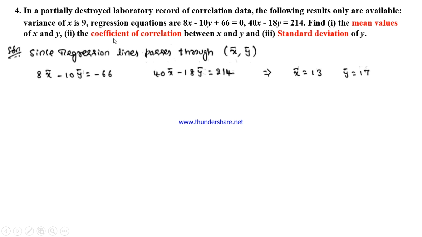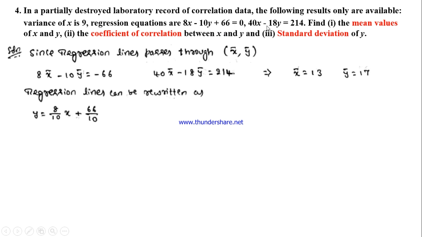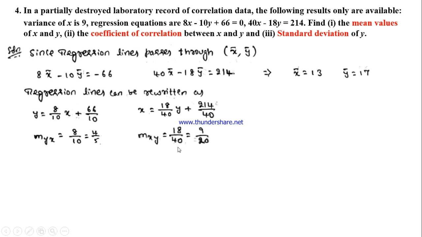Next part is find the coefficient of correlation. To do this, we can calculate regression coefficients from these two equations. Let me assume this equation is regression line of y on x and this one is regression line of x on y. So solve this equation for y and this equation for x. Now regression coefficient of y on x is given by 8 by 10 and that of this equation is given by 18 by 40.